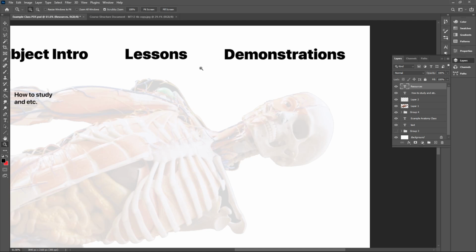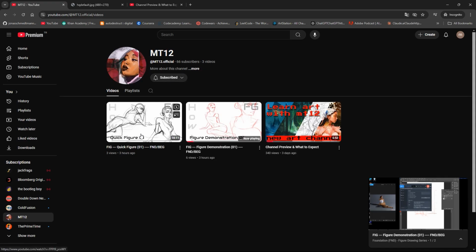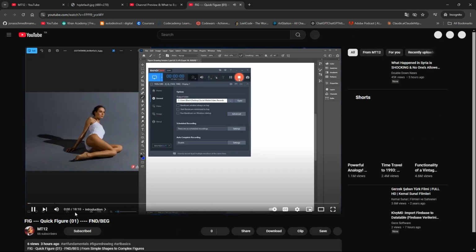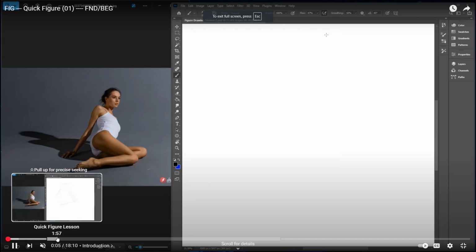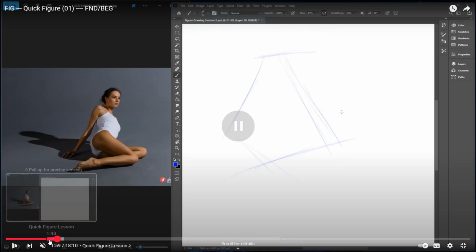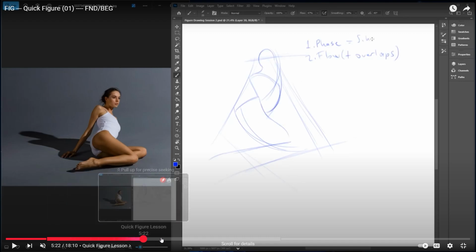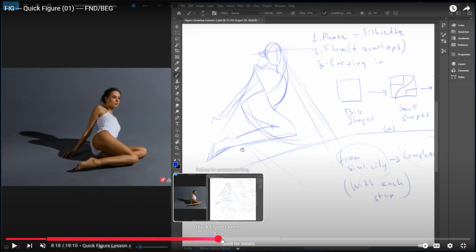Another important thing I have to mention is that in the demonstrations, I am getting into the lessons. For example, in this demonstration, I have this part, which is actually like a lesson. From here to here, this is almost a lesson.